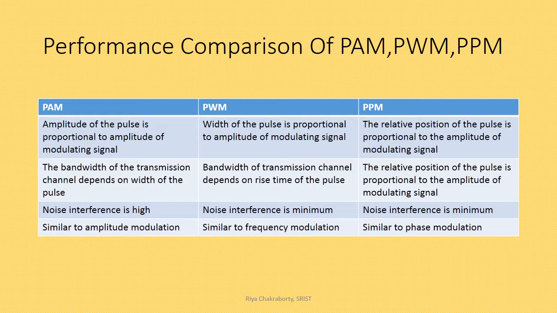Number 2, the bandwidth of the transmission channel depends on the width of the pulse in PAM. Next, bandwidth of the transmission channel depends on the rise time of the pulse in PWM, and in PPM the relative position of the pulse is proportional to the amplitude of the modulating signal.